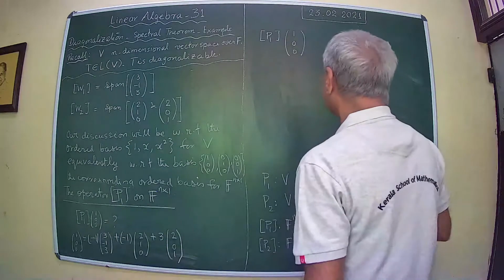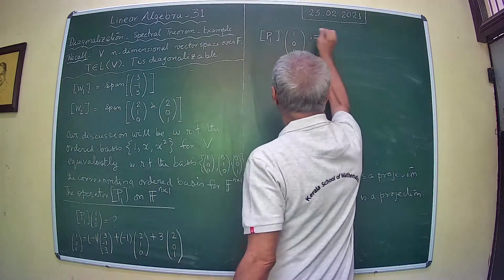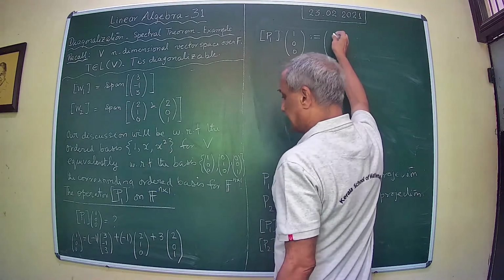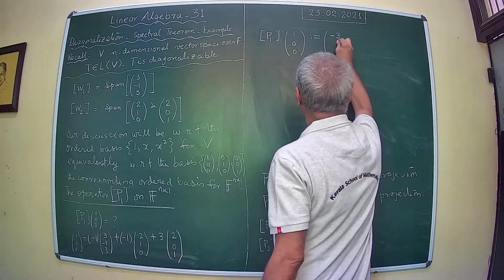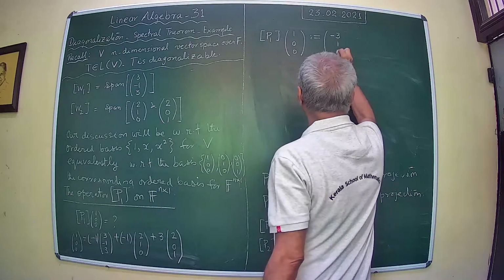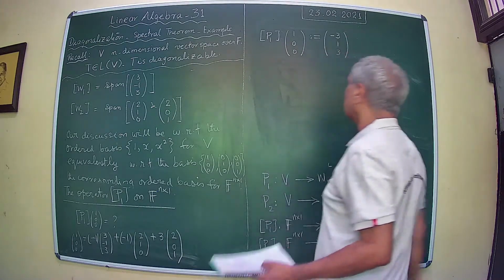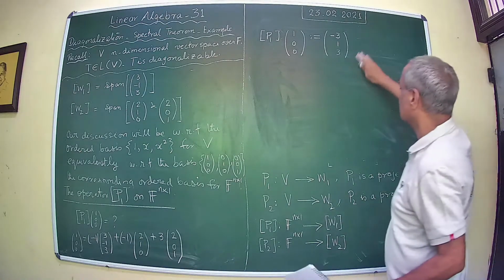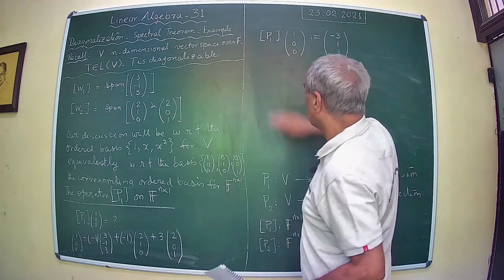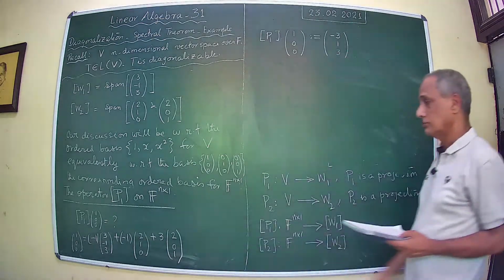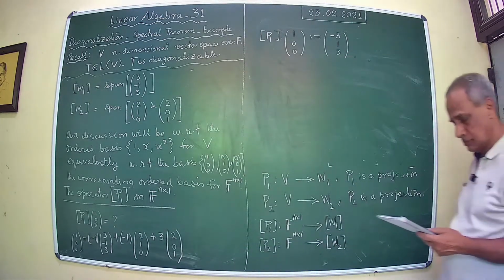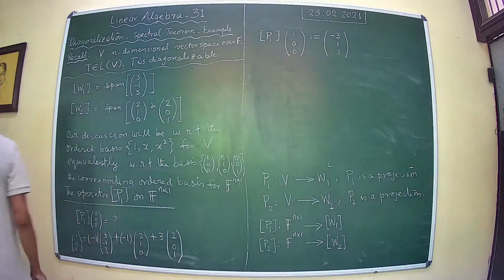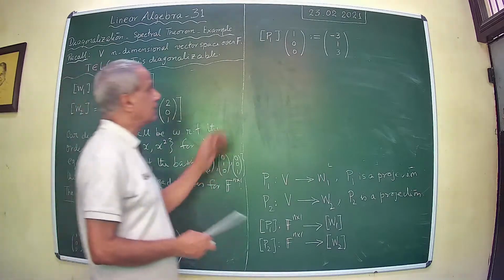So this should be defined as minus 3, 1, minus 3. This is the transformation.